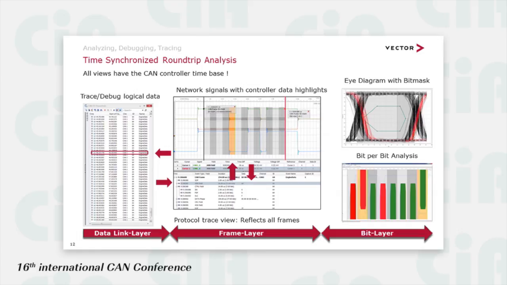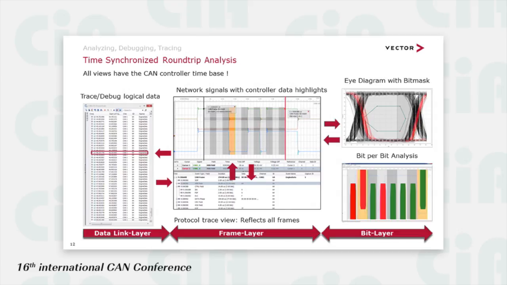Is analysis on the frame layer not enough and you have to go deeper underneath? You can switch to the bit layer on the most right side and perform an eye diagram analysis. Here shown with the defined bit mask, the user can freely define a bit mask.